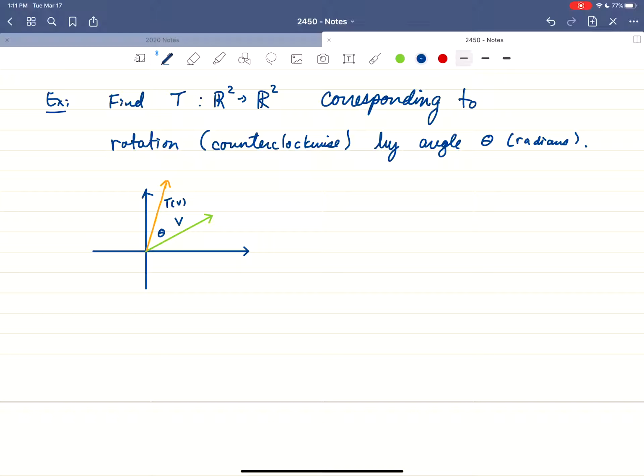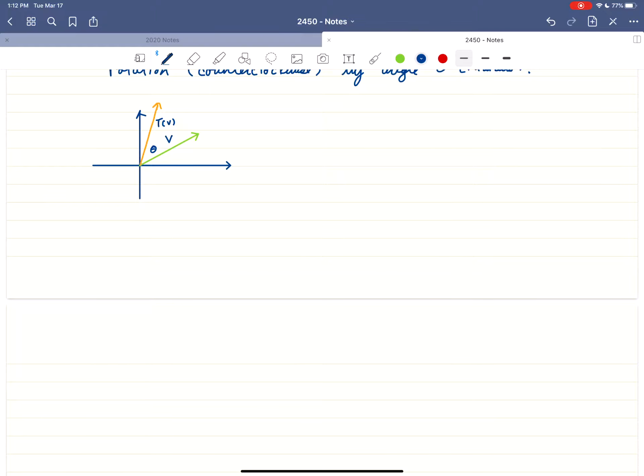So that's that. Quick correction, a typo from last time. So I want you to think about what this angle is going to be here. If I have some angle theta, how am I going to figure out the transformation corresponding to rotation by that angle in a counterclockwise manner? Hopefully you know that all we really need to figure out is the output vector of (1, 0).